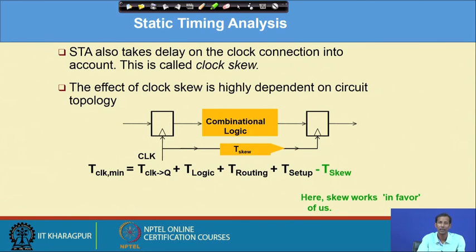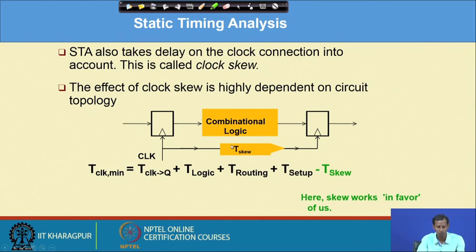In synchronous design, you have to be very cautious, because the clock is synchronous to each of the sequential elements, and many factors are associated with that. One of them is clock skew. Not only clock skew, clock jitter is also there. What clock skew and jitter are, we will discuss in the other slides.